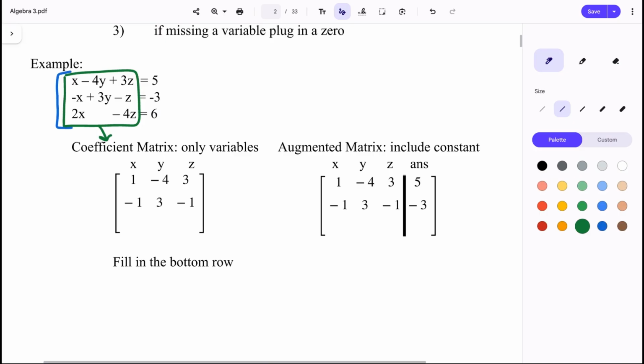If I want to fill in the bottom row, because they don't have that, what number would I put first? What's in front of the x on the bottom row? 2. Is there a y? -4 would go with what? The z. So it'd be 2, 0, -4.